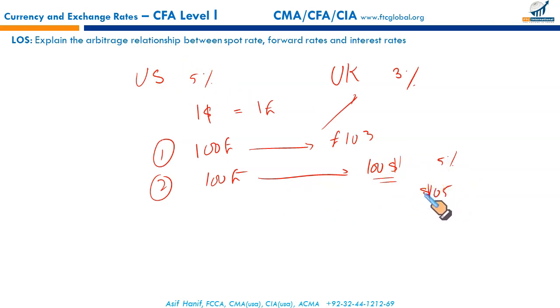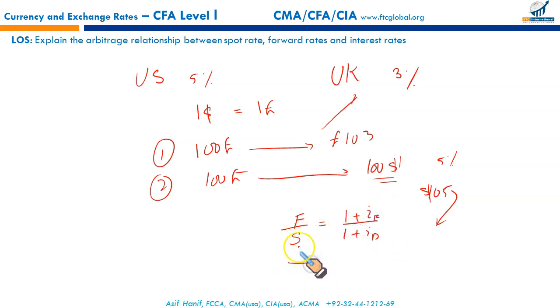Now he will have to convert this $105 back into pounds. So what do we expect the forward rate to be? Just applying the previous formula, forward upon spot is equal to 1 plus foreign interest rate upon 1 plus domestic interest rate.